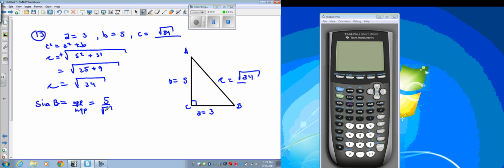Now, what do I have to do with that? I have to rationalize the denominator. So I'm going to multiply by square root of 34 over square root of 34. Then my answer is going to be 5 square root of 34 over 34.